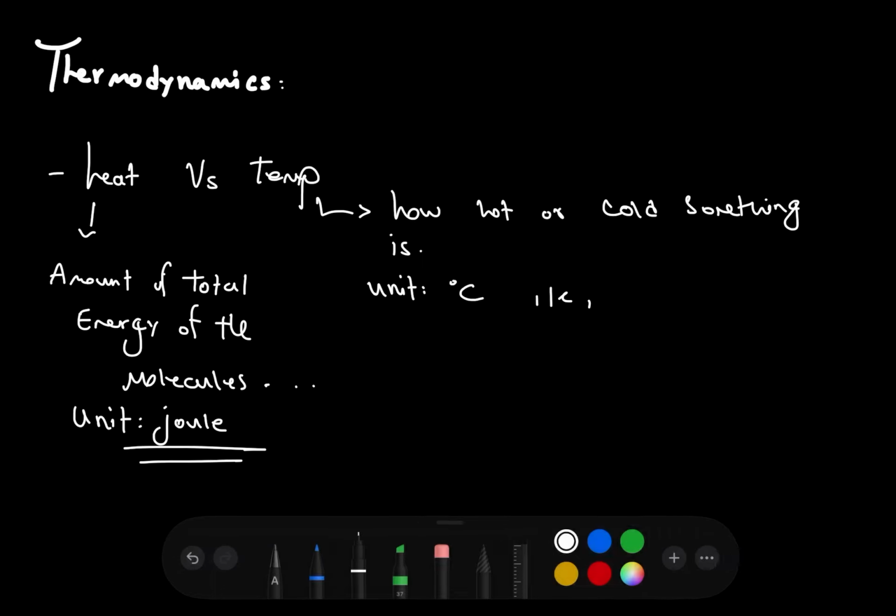But the most important ones that we use in the A-level physics syllabus and the IB physics syllabus are Celsius degrees as well as the Kelvin. And notice that Kelvin does not have a degree. We just say Kelvin because it's a unit of absolute temperature. I'm going to explain that a bit later on. And then Celsius has degrees because it's relevant to the boiling and melting point of water.